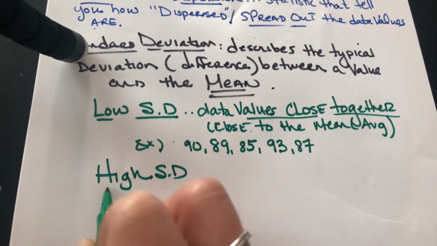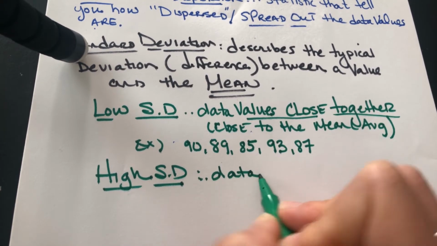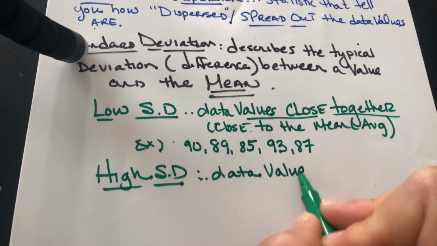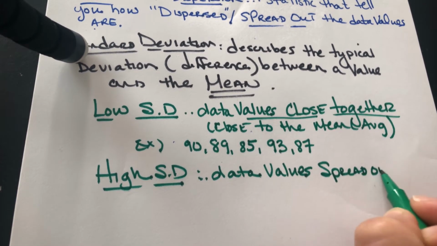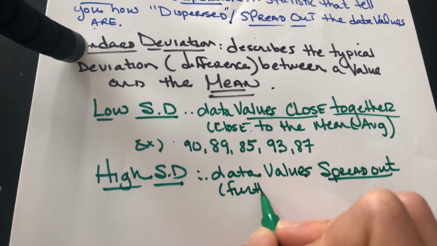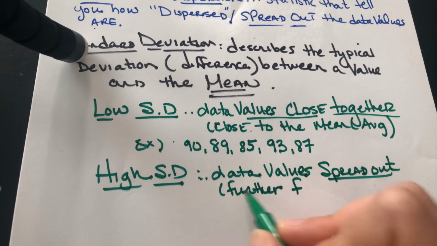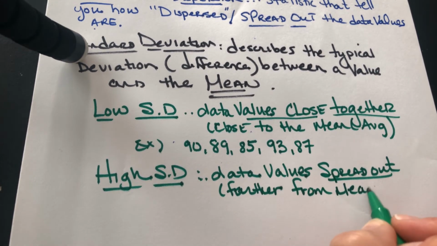A high standard deviation, obviously, is when data values are spread out. So obviously what that means is they are further or farther from your mean.